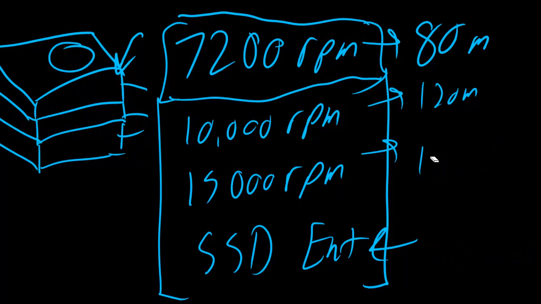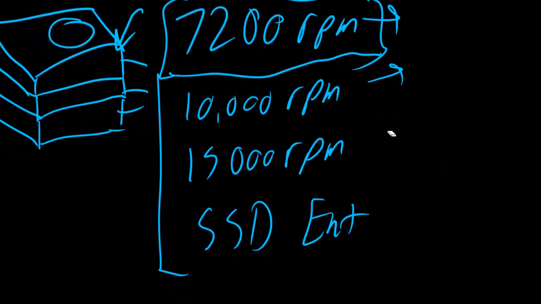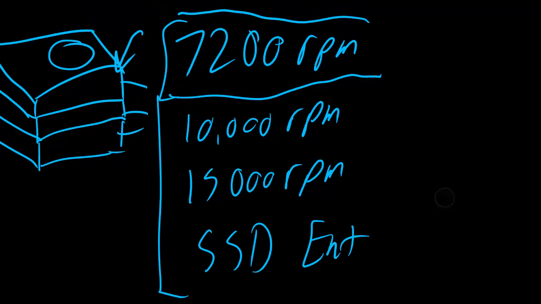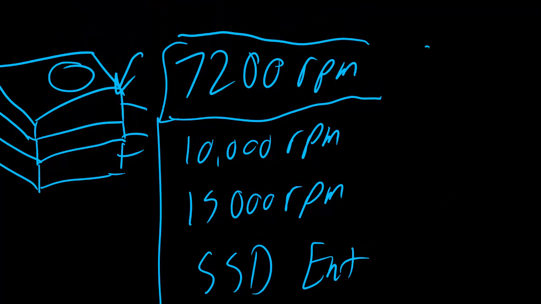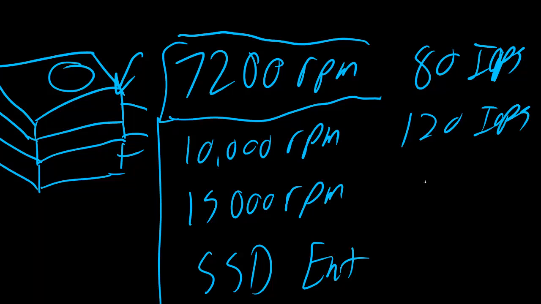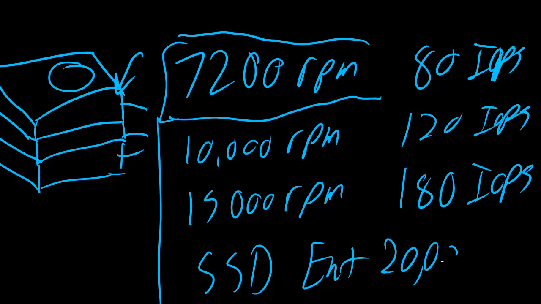And we start talking about IOPS, which is a very important factor. This guy here gets like 80 IOPS. This guy, say 20 IOPS, and this guy here like 180 IOPS, and this guy here like 20,000 IOPS.